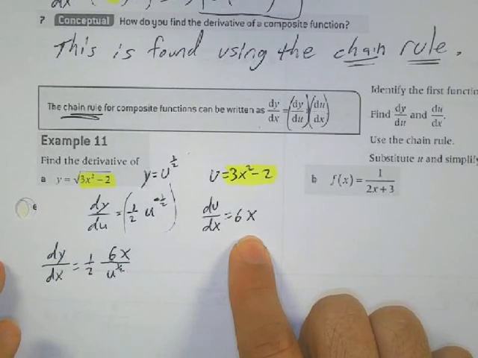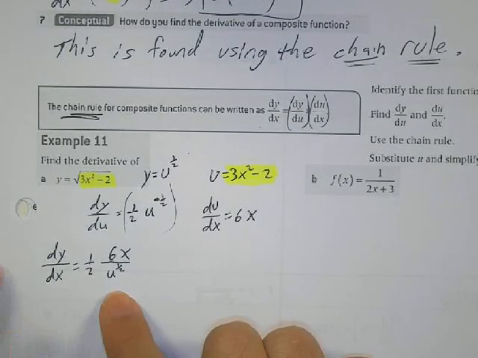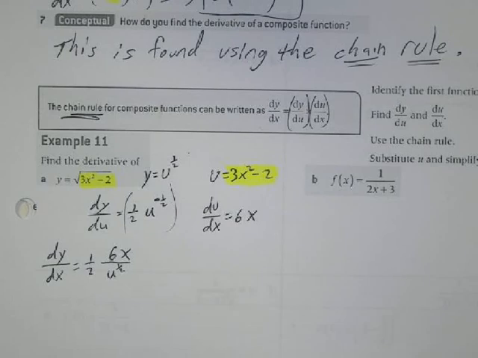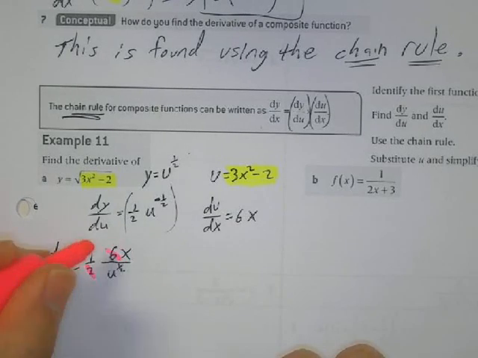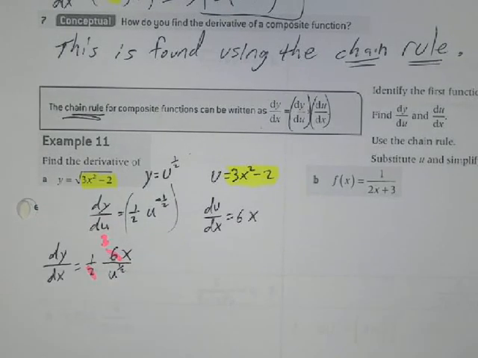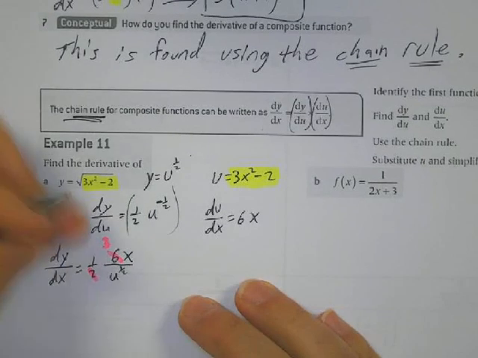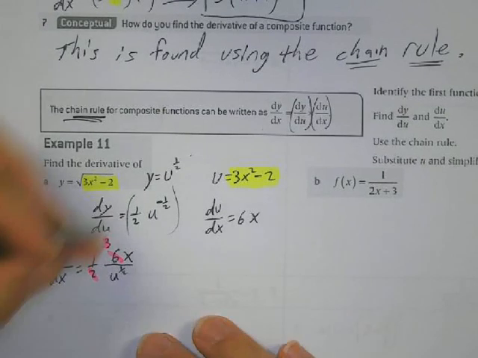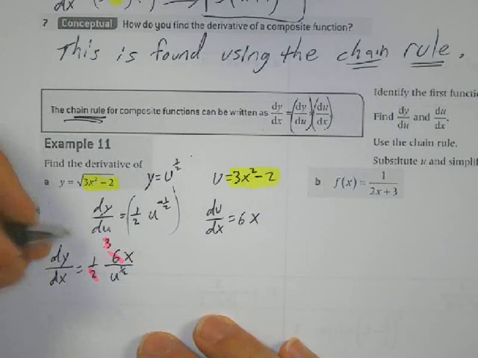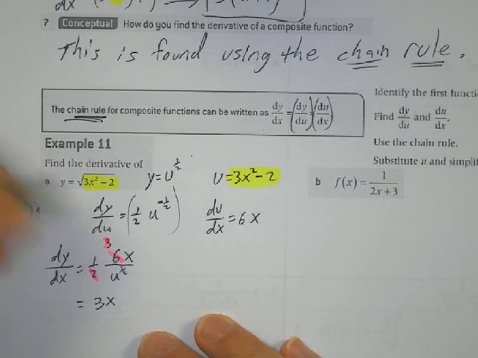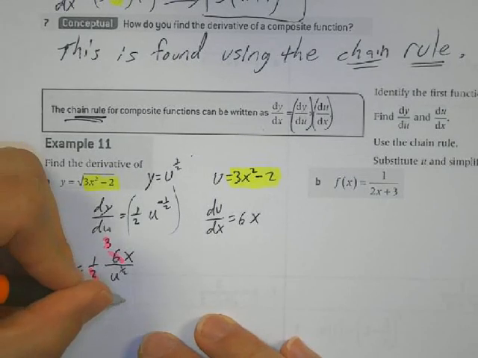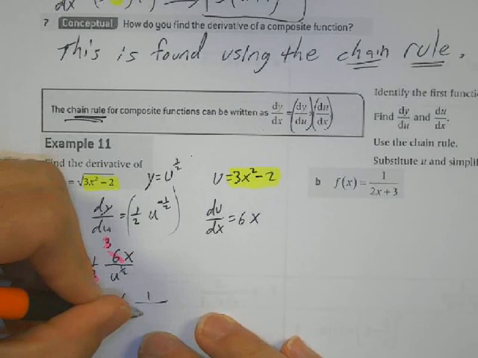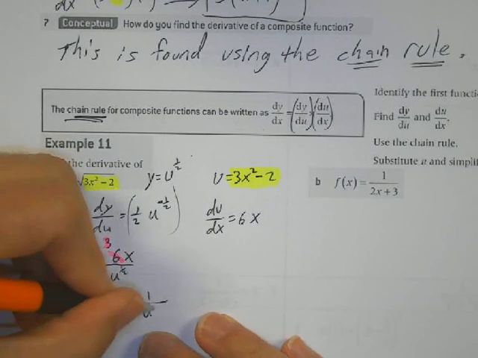Okay. Well, we know 2 goes into 6 3 times. So this simplifies to 3x times 1 over u to the 1/2 power.